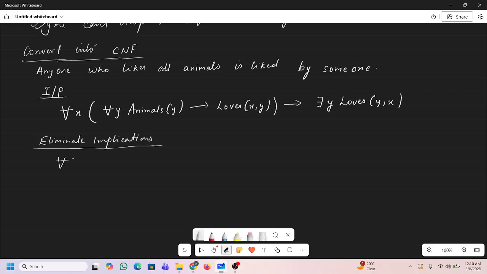I will write for all x, negation of for all y, animals y, loves x comma y, and then or negation of y loves y comma x. What we did here is we actually removed this implication. Now I will be removing this particular implication.